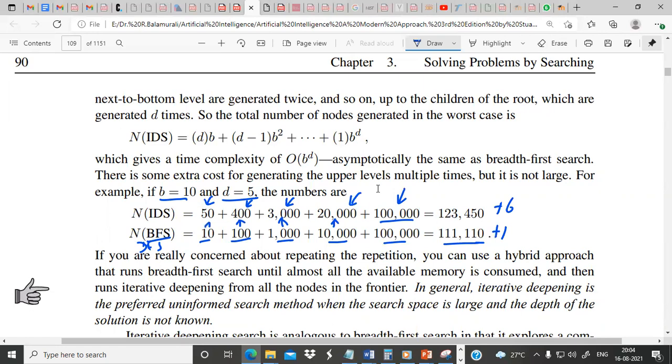These nodes will be accessed 5 times, 10 into 5, 50. And the root here will be accessed only 1 time, but in IDS the root will be accessed 6 times, so 1 into 6, 6. When you add these things, this is what you get. So the difference is not so huge. It's a reasonable difference. That is what we are discussing with this.